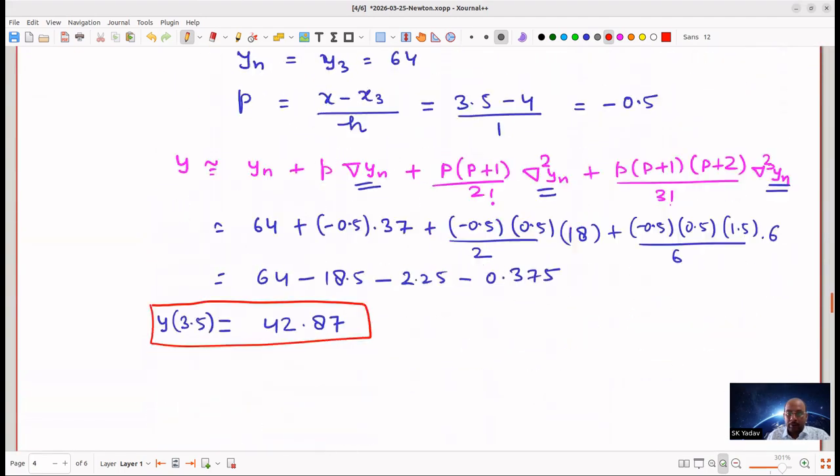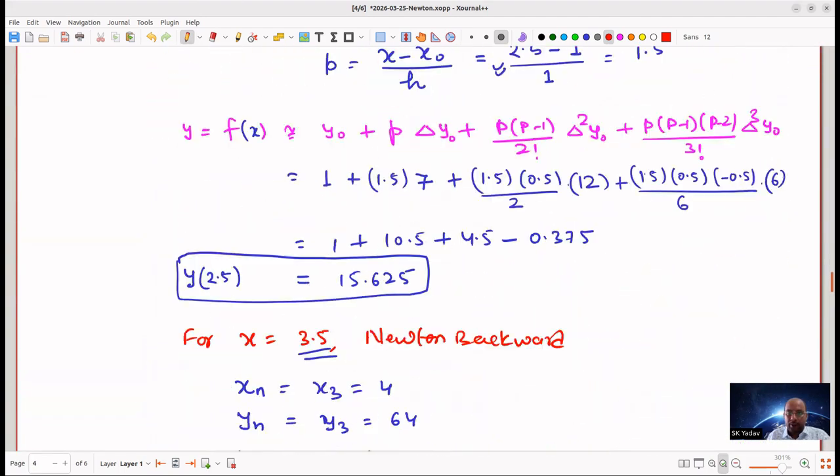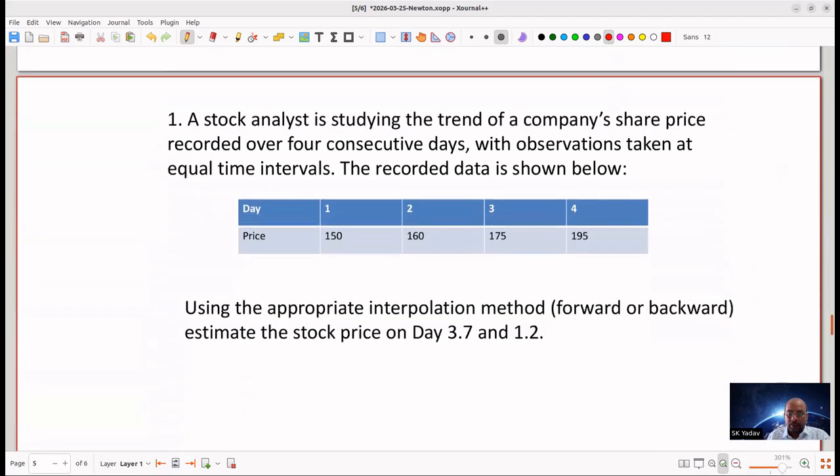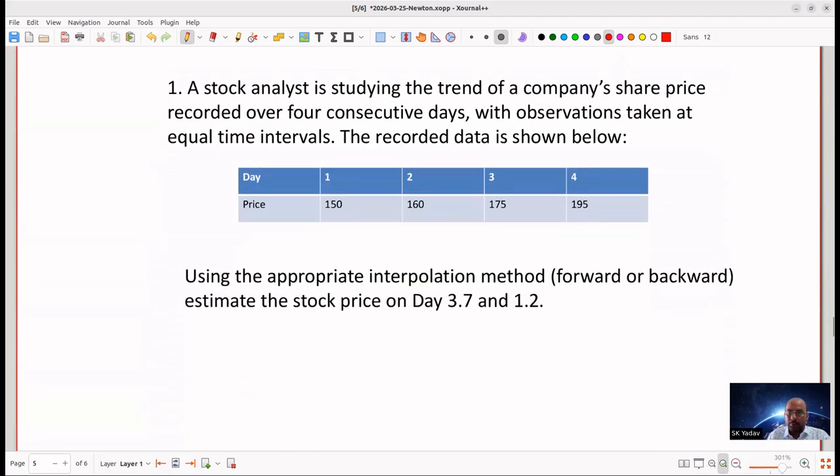So by using a similar approach, you can compute this next problem. Here data points are again given as equally spaced and values are given. So now using the appropriate interpolation method, either forward or backward, estimate the stock price on day 3.7 and 1.2.